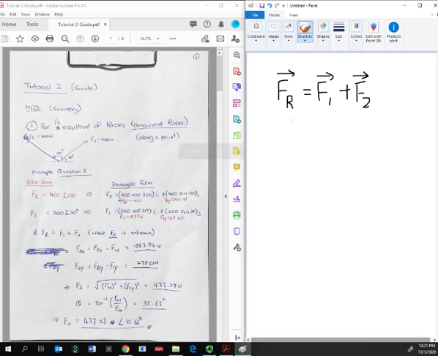But when you want to put it into context, every one of these has its components, their x and y. So I have one FRX and this is FRY. Similarly, F1 and F2 each have an x and y component.